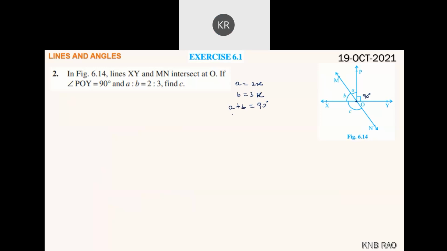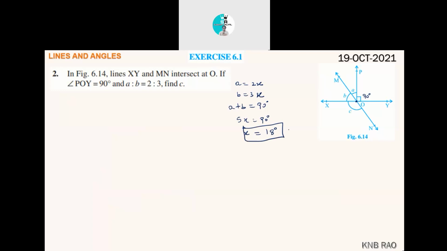C is equal to 126 degrees, sir. Good. Now A plus B, that is 5 parts, is 90 degrees. Therefore, 1 part equals 18 degrees.